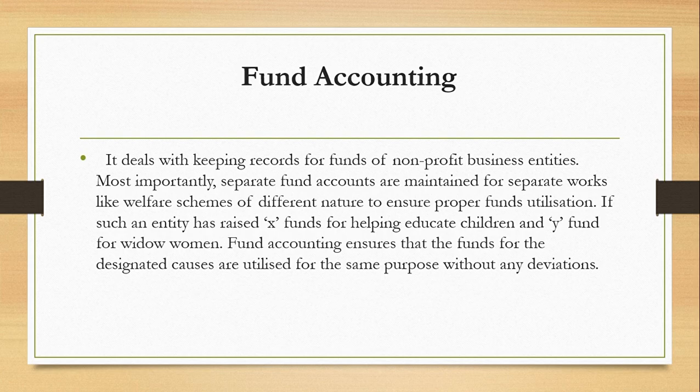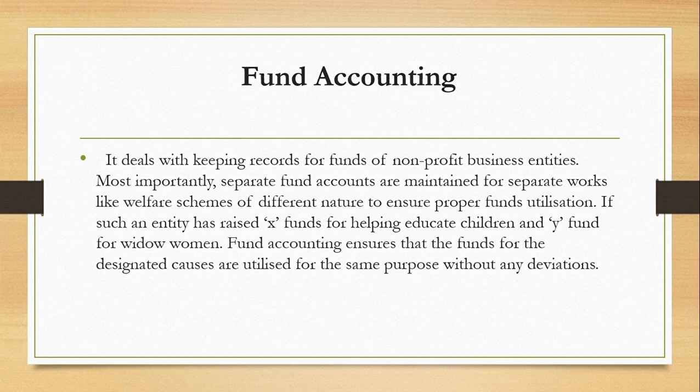The next type of accounting that exists in the system is fund accounting. It deals with keeping records for funds of non-profit organizations. Most importantly, separate fund accounts are maintained for separate works like welfare schemes of different nature to ensure proper fund utilization.